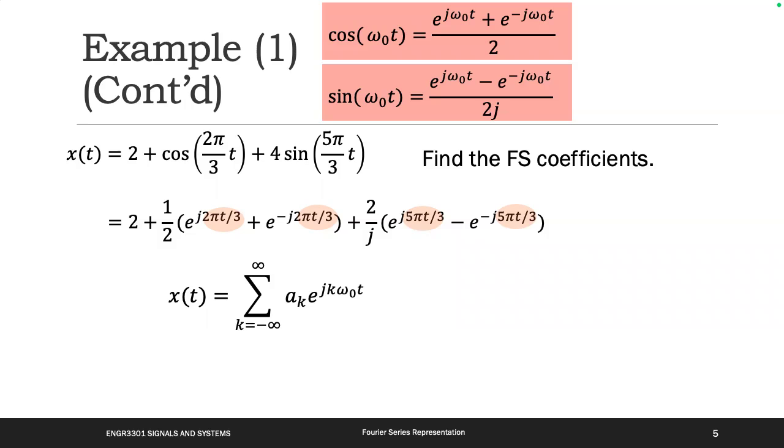Here is a 5, because k is negative 5. And then a negative 4, and so on, a negative 3, a 0. Since it's 0, there is no e, and so on, a1 e^(j pi over 3 t), plus and so on. That makes sense to you?